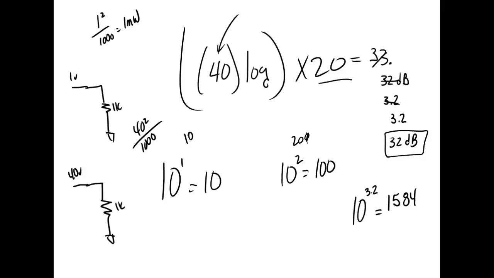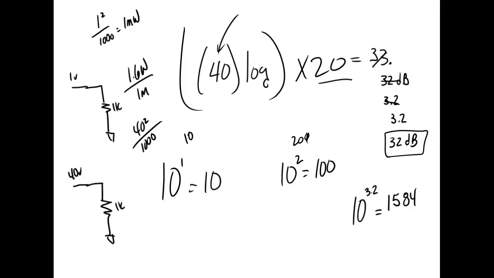Hopefully you get 1.6 watts. What's my gain? 1 milliwatt in, 1.6 watts out. Gain of 1600. So what we did here is we actually did power, but we did it relative to what? To voltage.